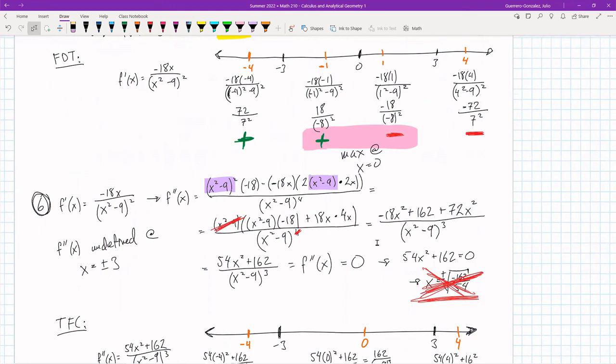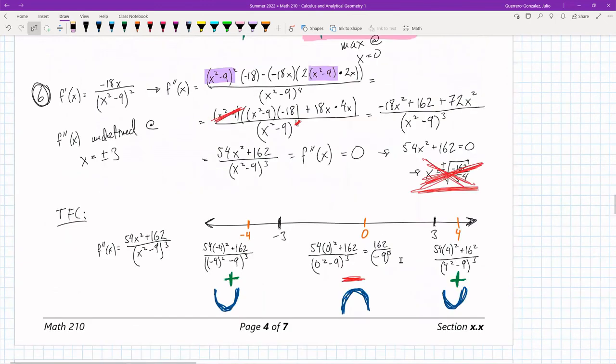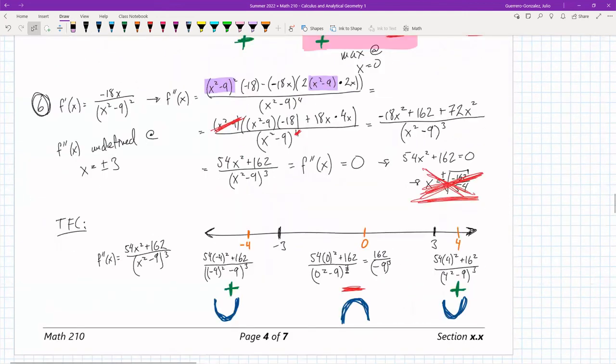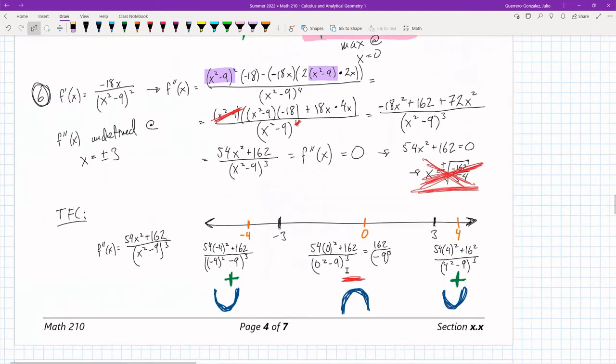After 3, the slope's got to be decreasing, right? But bold upward. So the slopes have to be decreasing from the first derivative test, but bold upward, so concave up, because of the test for concavity.